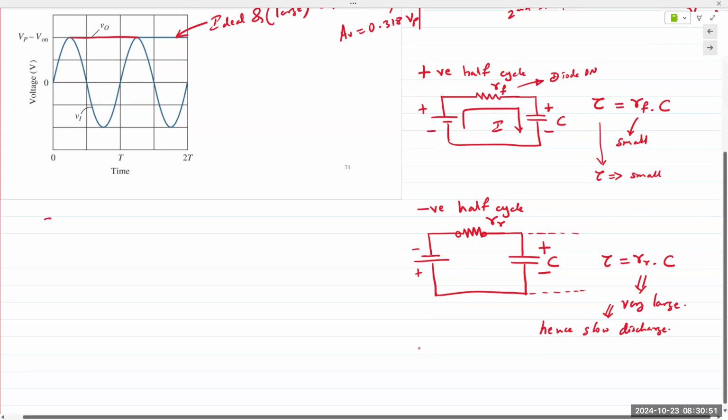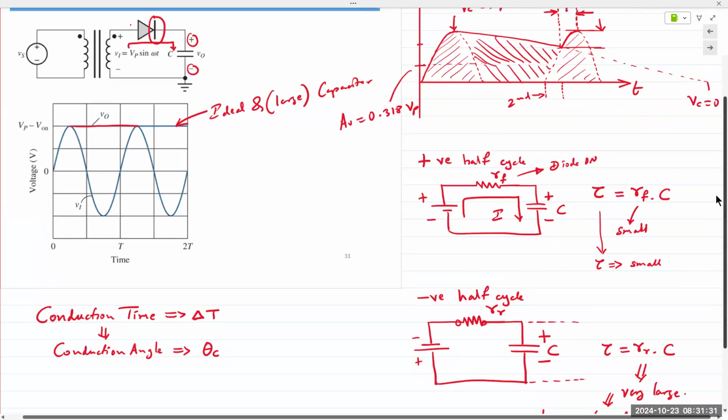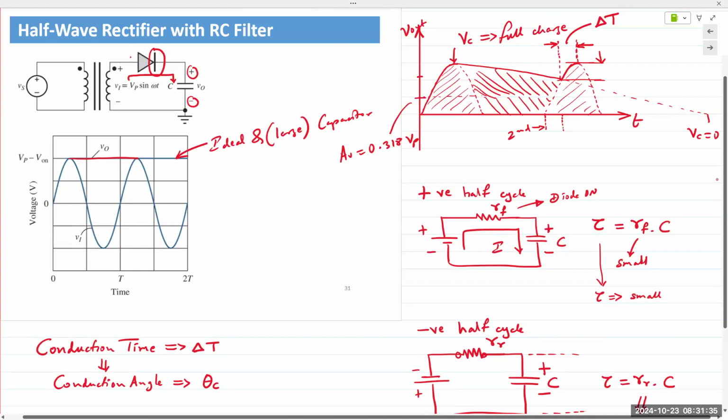Actually, let me write it here. So the diode conduction time is represented as delta T, and the corresponding angular version is the conduction angle, that is theta C. Okay, delta T and theta C, where T is in seconds and theta is in degrees.